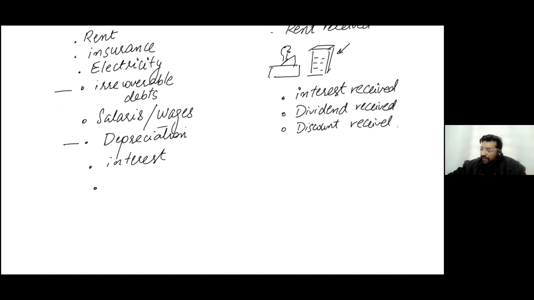Then we have discount allowed. Discount allowed means this is the discount that we are giving to our customers. That's an expense. Okay. So yeah, that's the story of expenses and income. Let me just quickly show you how the income statement looks.